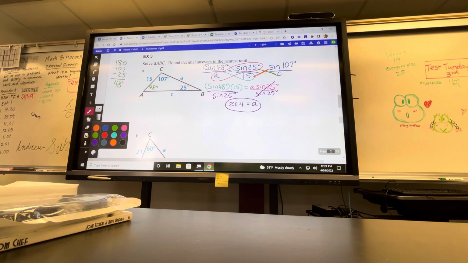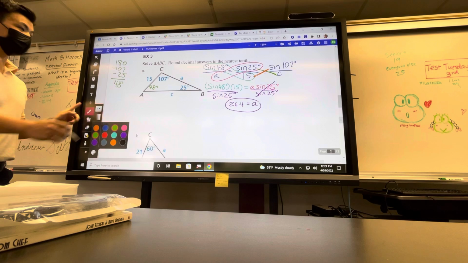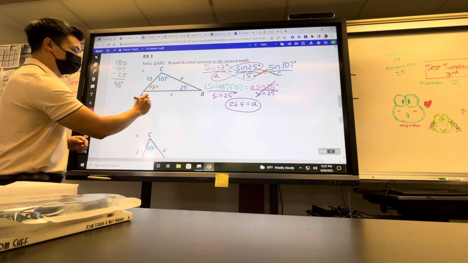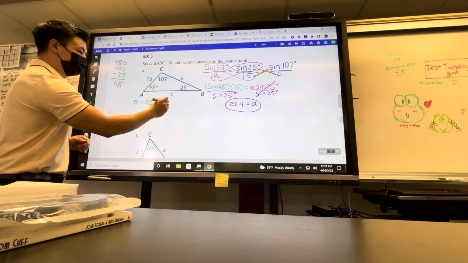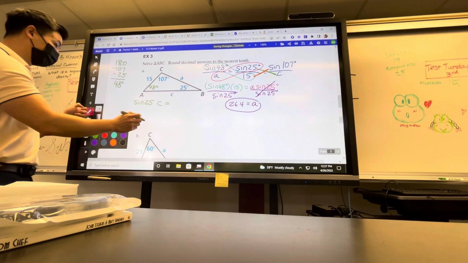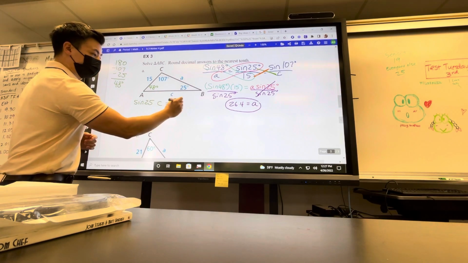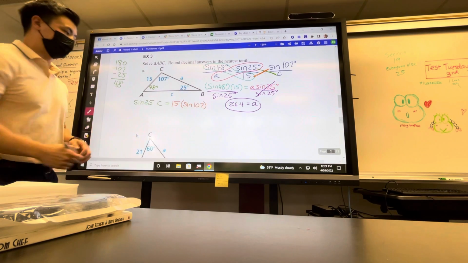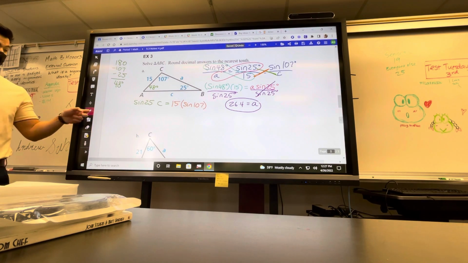I think we've got this, yeah? It's not too bad. So if I cross multiply here, if I do sine 25 times c, we can get sine 25 and c equal to 15 sine 107. If I want to solve for c, what do I need to do?